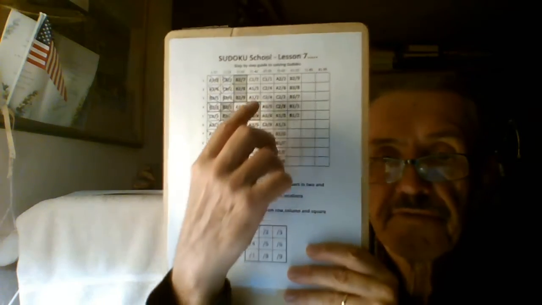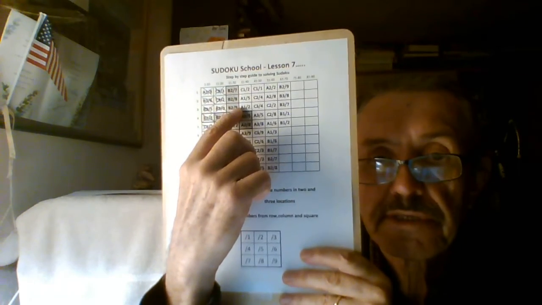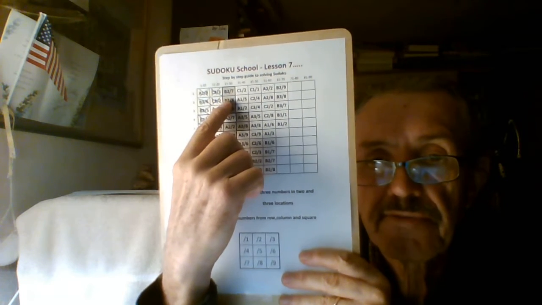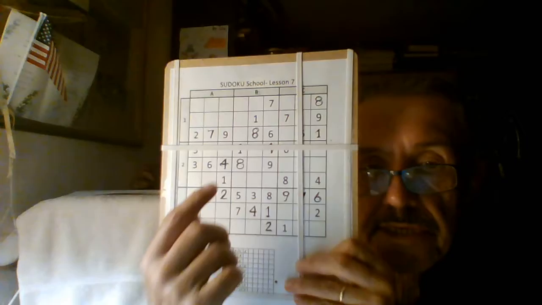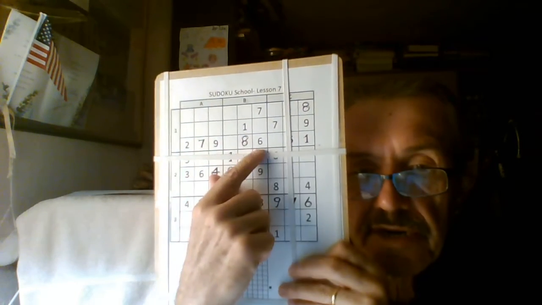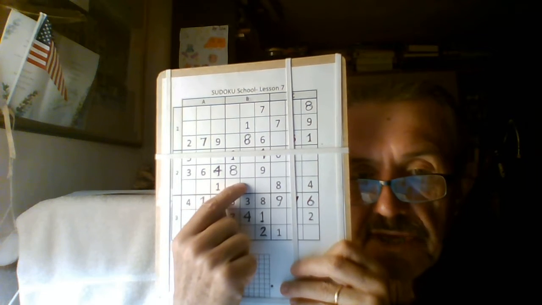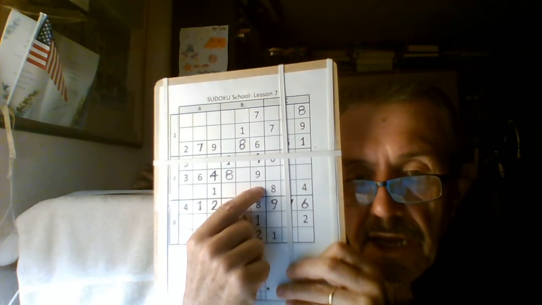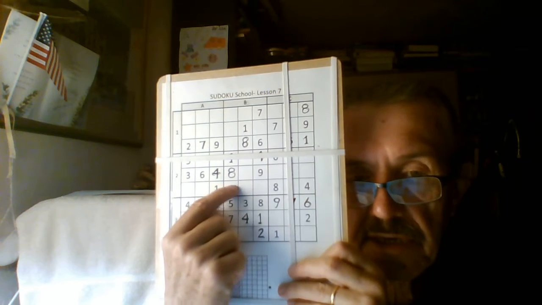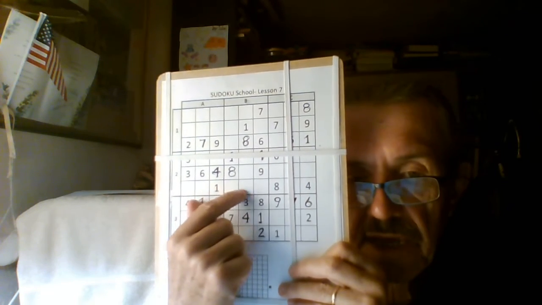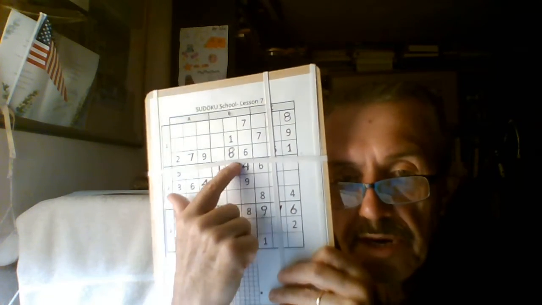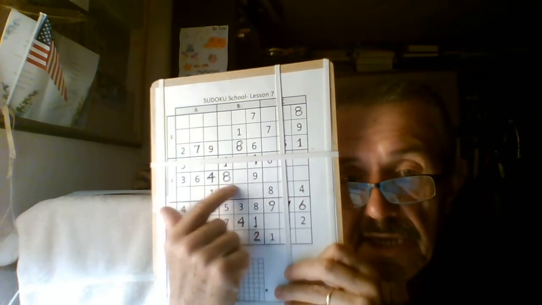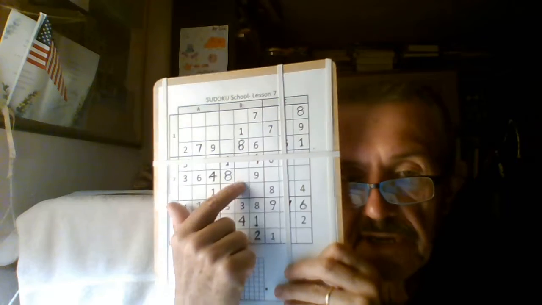Next step is free locations for 3 numbers: square B2 location 7, location 8, and location 9. Square B2 is over there, and these free locations will be reserved for numbers 3, 5, 6. As you see, number 3 exists in this column and in this square, so it will be in these 2 locations.